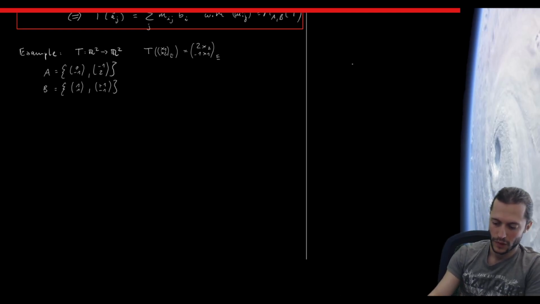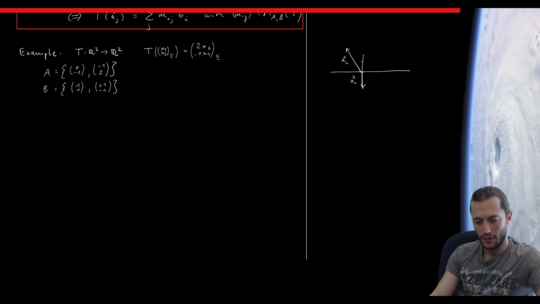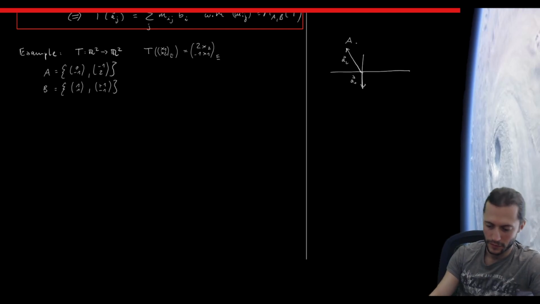Maybe we can draw our new bases here real quick. We get something like this for A1, A2. This is A1, A2. And for that one, we get this and this.